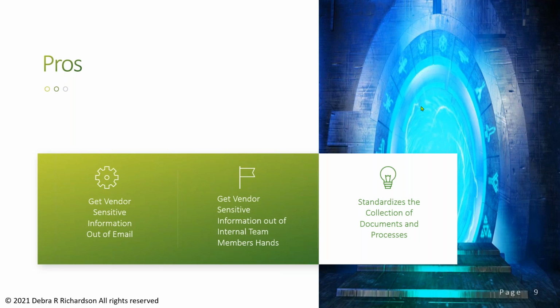Because one of the biggest things that I found when implementing our portal, going through that journey, was that the internal employees that are collecting that information, they're not destroying that W-9 that has an SSN on it. They're not destroying that banking information they collect. They're keeping that in case they ever have to collect it again. It was hard for them to get it in the first place.